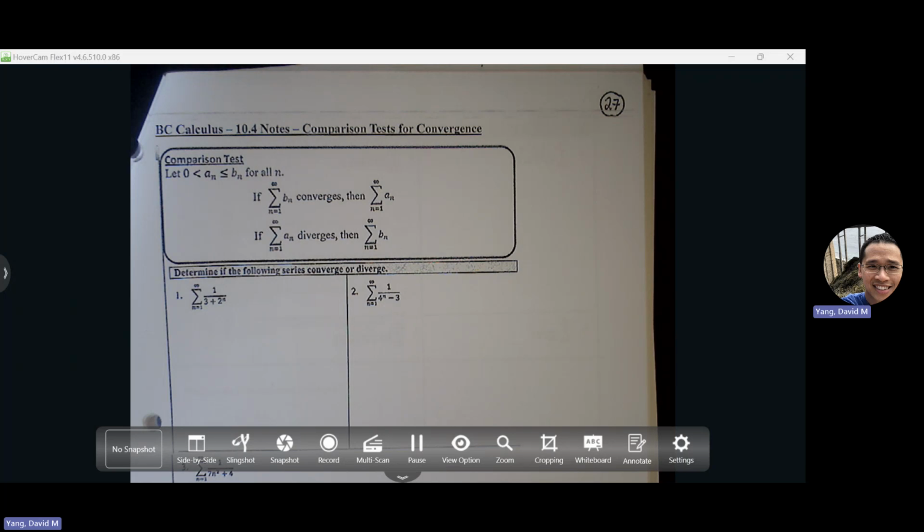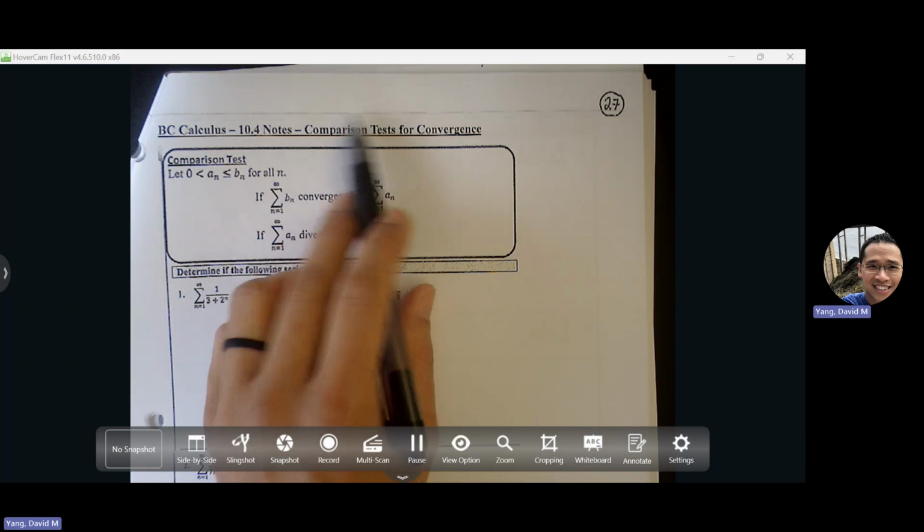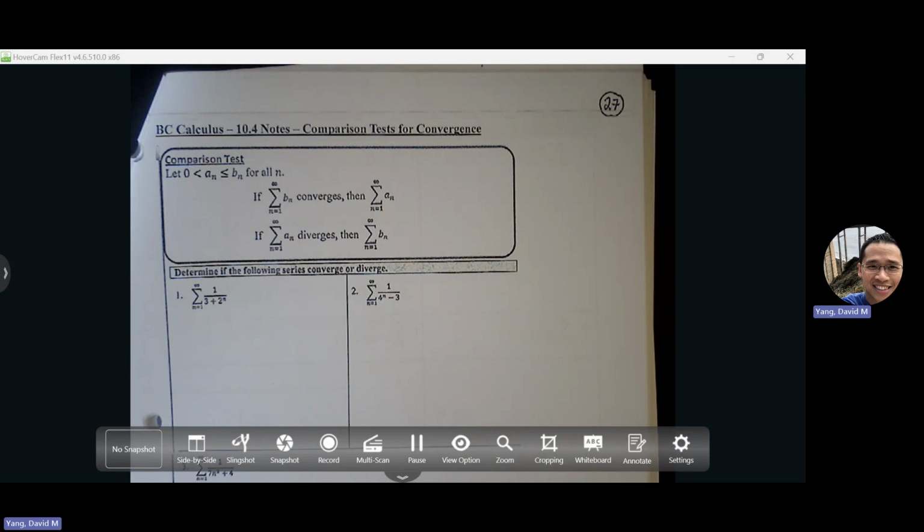So we have these comparison tests to use one of the series as an anchor point, and then use that to compare. Okay, so if this is true, then this also must be true. So we have two comparison tests, and we're comparing with the known convergence rules that we've seen from the past few days.